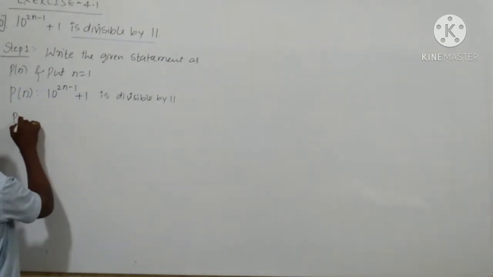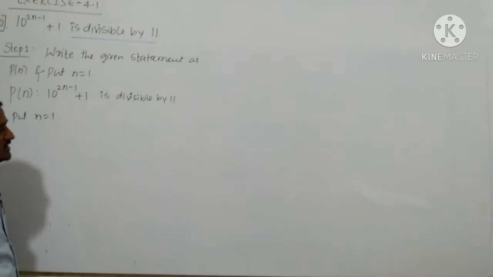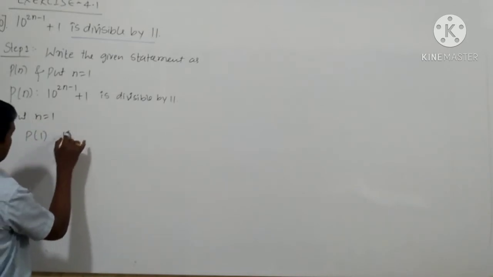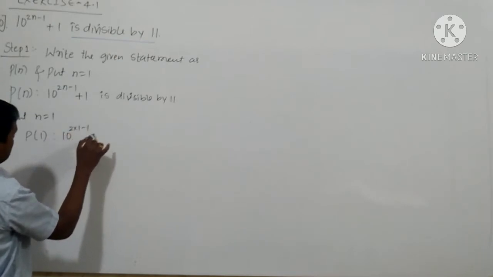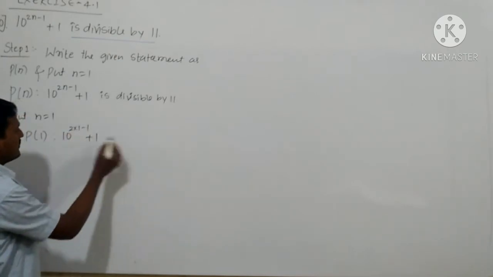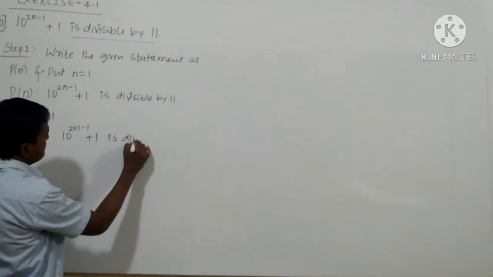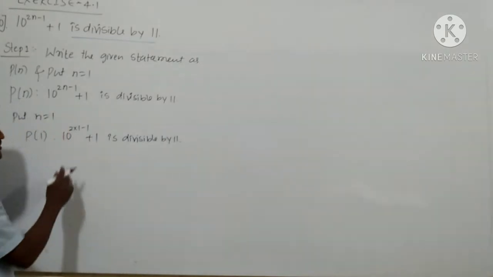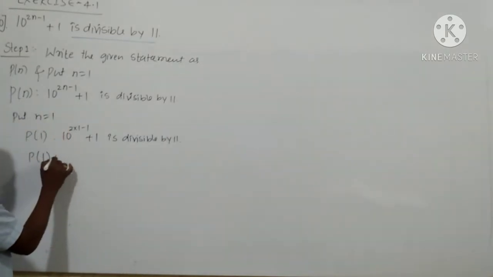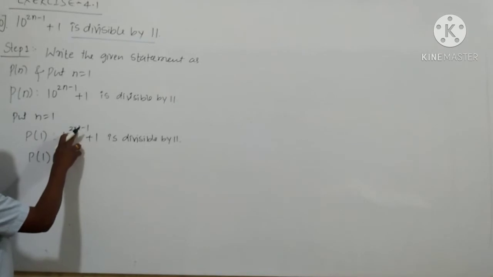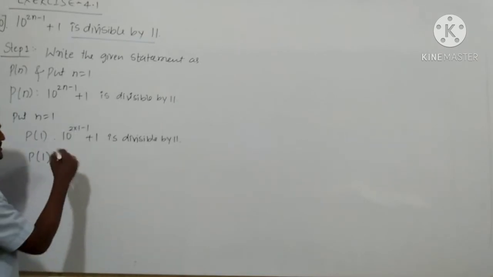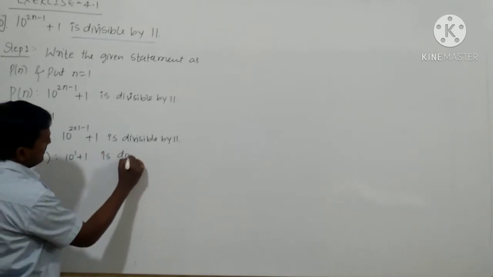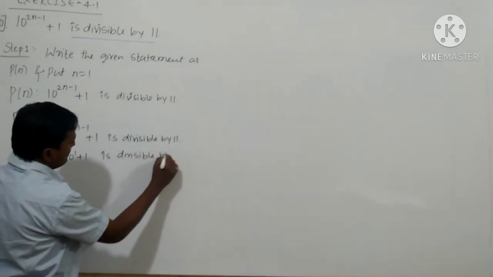Here, what are we substituting? Put n is equal to 1. Hence it becomes p of 1: 10 to the power 2 into 1 minus 1 plus 1. Here we have to prove this is divisible by 11. So p of 1: 10 to the power 2 into 1 is 2, 2 minus 1 is 1, so 10 to the power 1 plus 1 is divisible by 11.